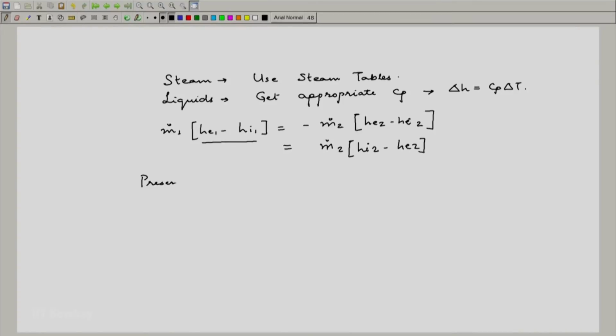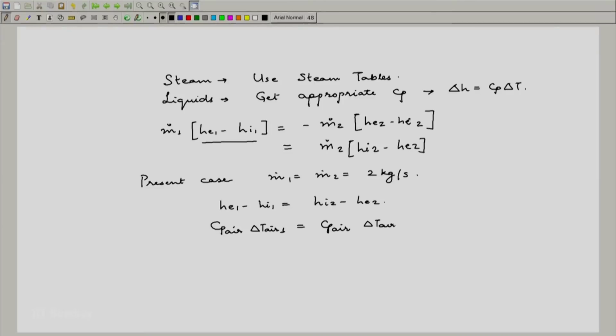Now in the present case, m dot 1 is equal to m dot 2, which is 2 kilograms per second, and hence we remove m dot 1 and m dot 2, we get He1 minus Hi1 is Hi2 minus He2. Now we have Cp air delta T of air stream 1 is Cp air delta T of air stream 2.